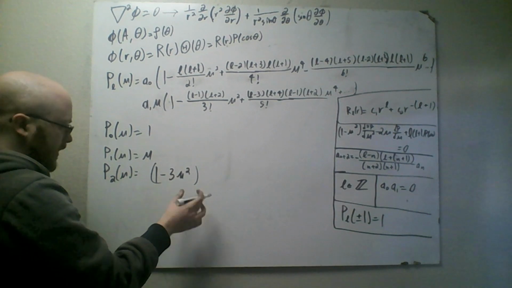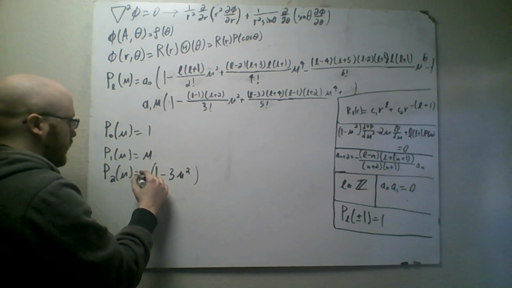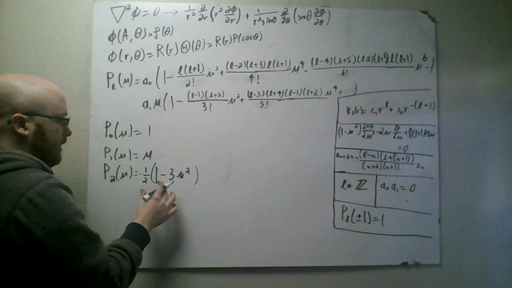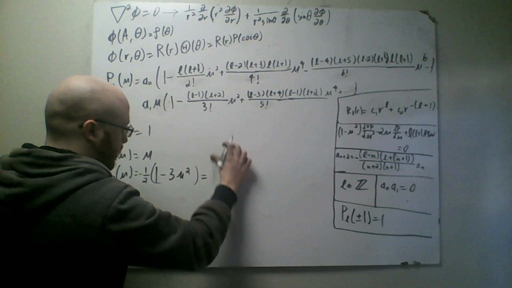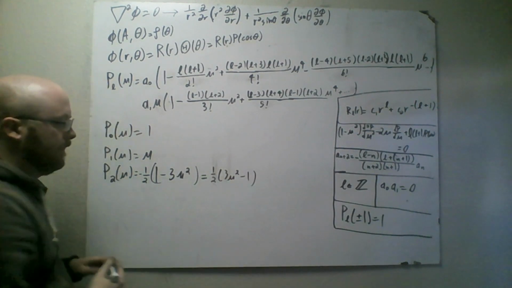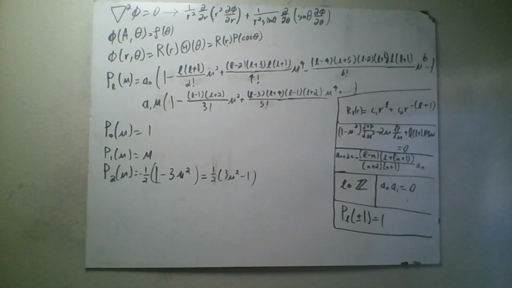We plug in positive or negative 1, we end up getting negative 2. So we're actually going to do negative 1 half of that. Or if you want, you could also write it as 1 half times 3 mu squared minus 1. So that's the second Legendre polynomial. And I'll do one more just for fun.